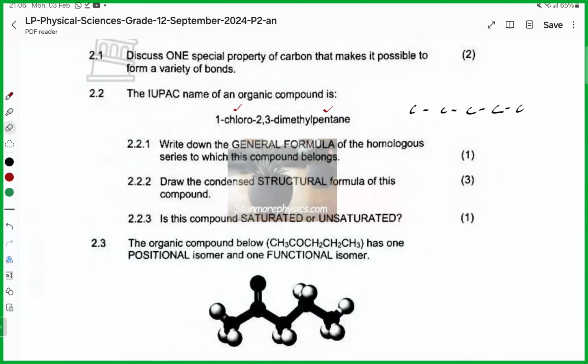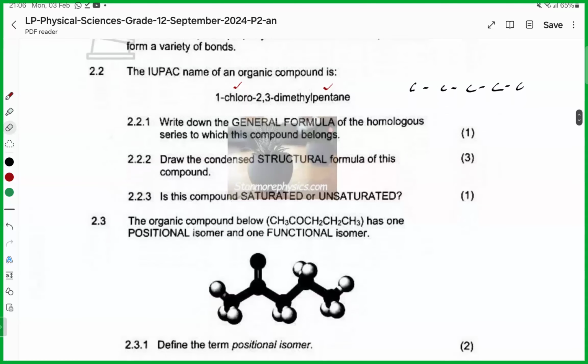Yes, sir. CnH2n+1X. Good. It's going to be CnH2n+1, and one of the hydrogens is replaced with a halogen. That X there is a halogen.